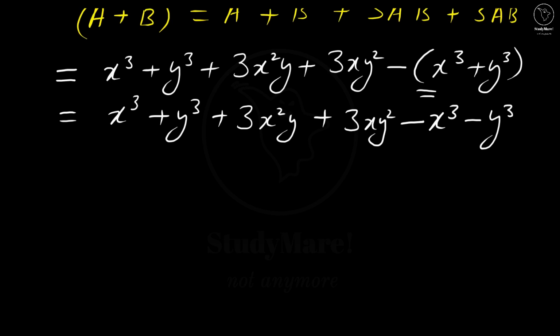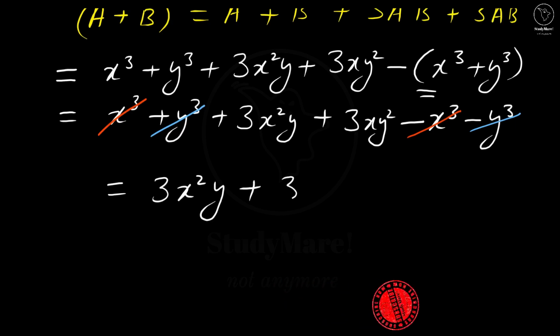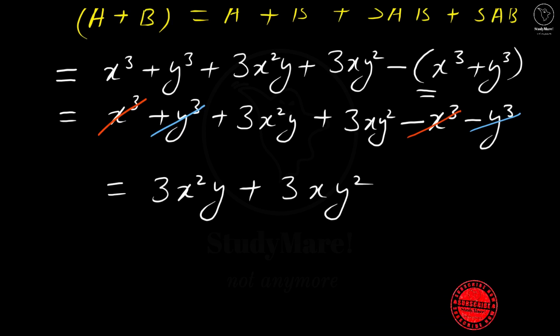Now look at this. Here we have x cube, here we have minus x cube, which cancel out each other. We have plus y cube and minus y cube, which cancel out each other. So now we are left with 3x square y plus 3xy square, which is equal to, look at this, we have 3 in both the terms, x in both the terms, and y in both the terms.